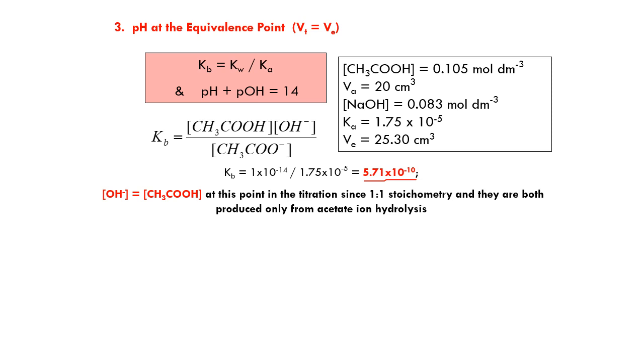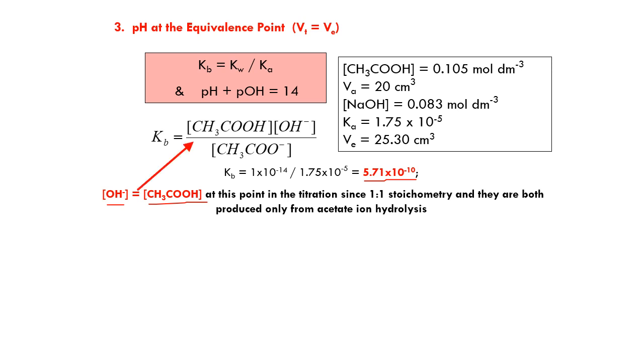Now, once we produce acetate ions in solution, when the acetate ion hydrolyzes in water, it's going to produce equal concentrations of hydroxide ions and acetic acid, because there'd be a 1-to-1 stoichiometry between the two.